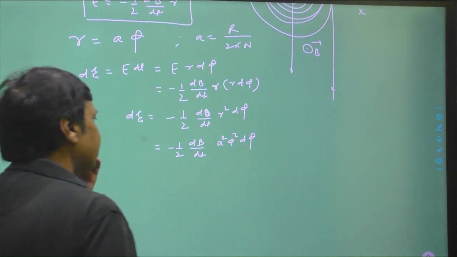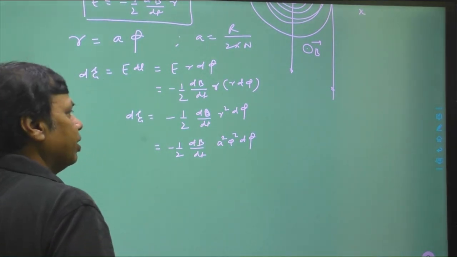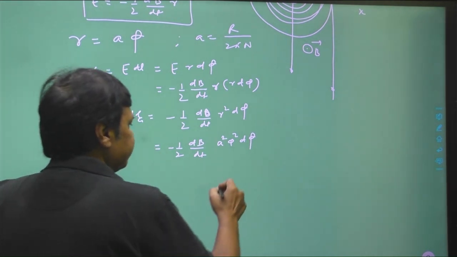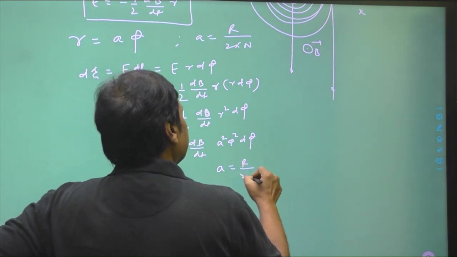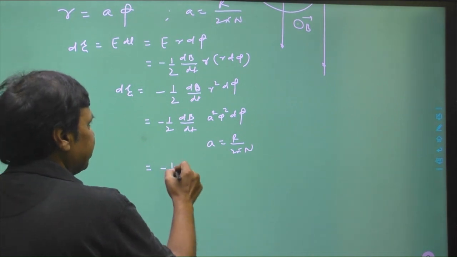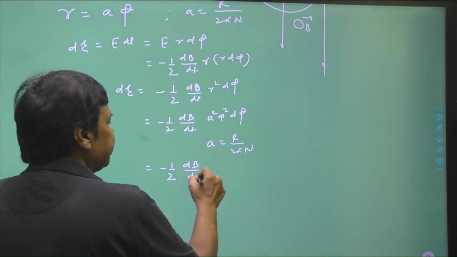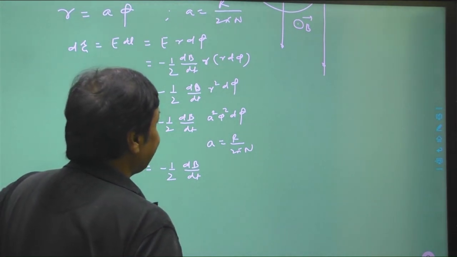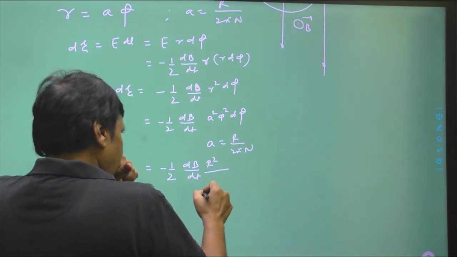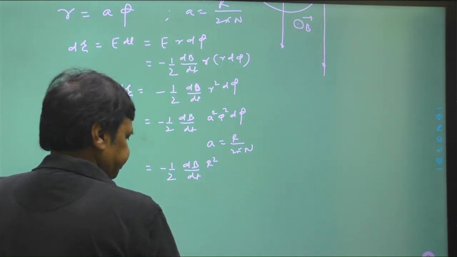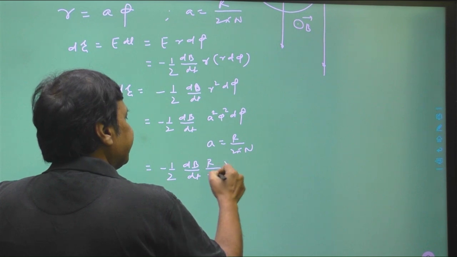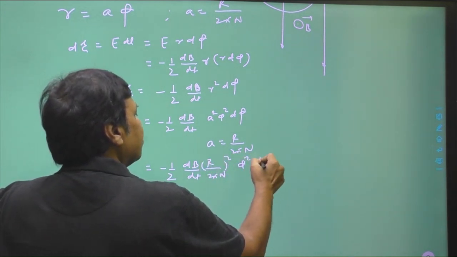Now you get your result by writing a equals R by 2 pi n, so I can write it as minus half dB by dt times (R upon 2 pi n) square, integral of phi square d phi.